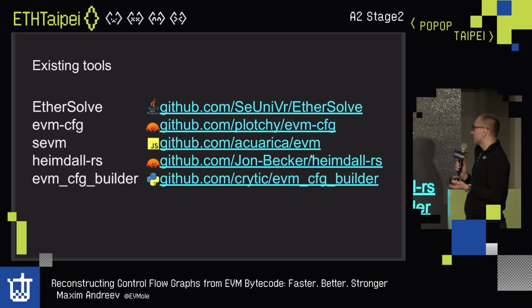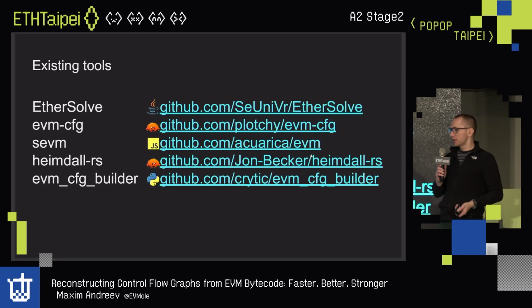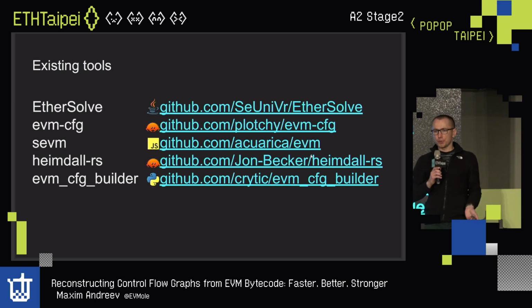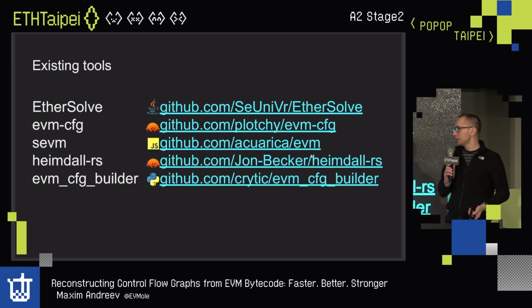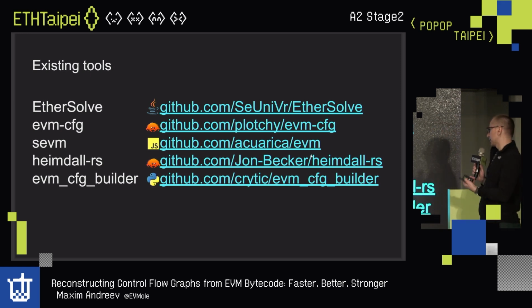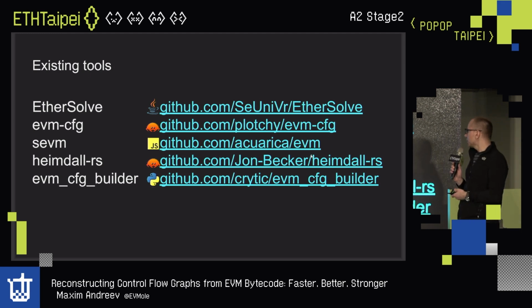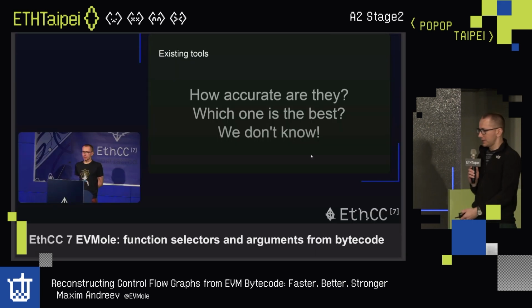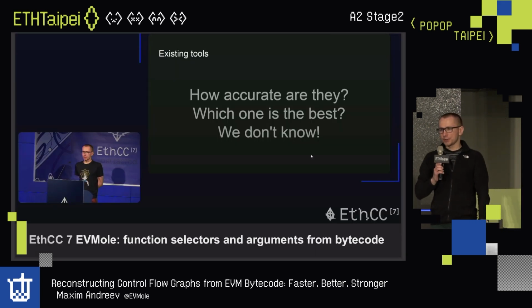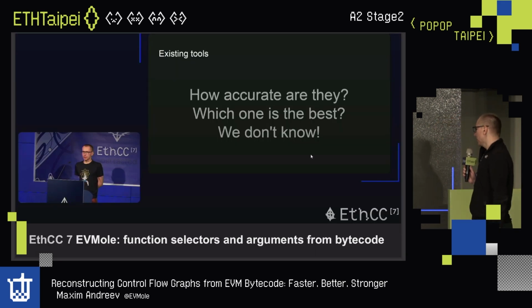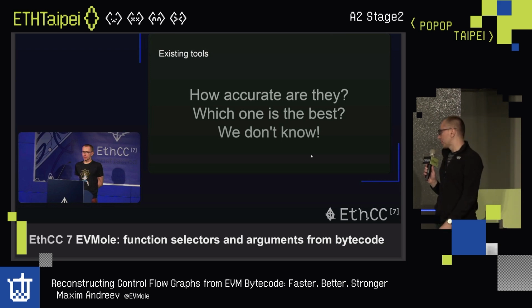There are some existing tools which can help you build this control flow graph from the bytecode, some of them: EVMSolve, EVM CFG, and others, written in Java, Rust, JavaScript or TypeScript, and Python. But what's the problem? Here's a slide from my previous talk at ETHTaipei, where I presented my EVMole library.